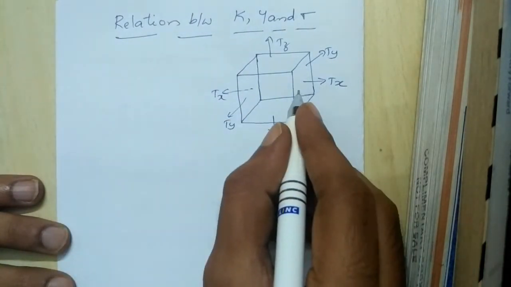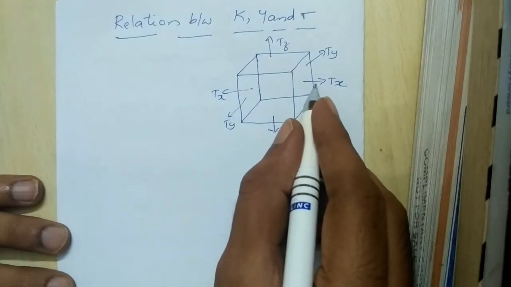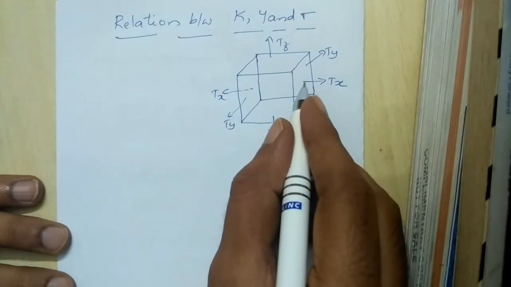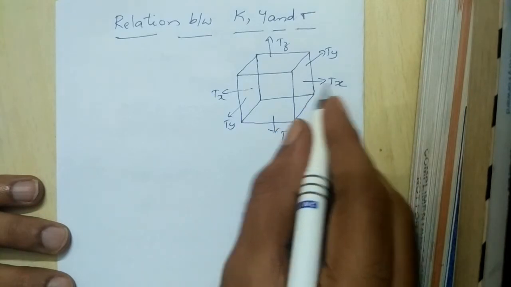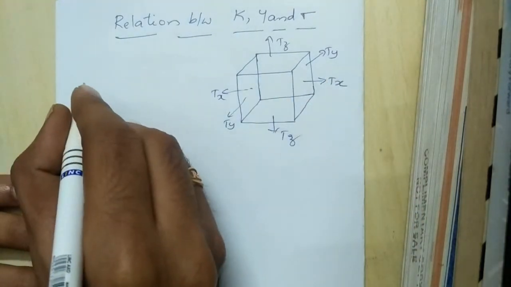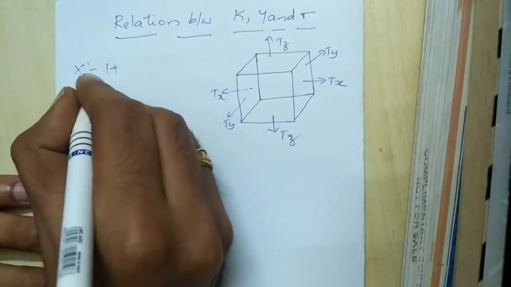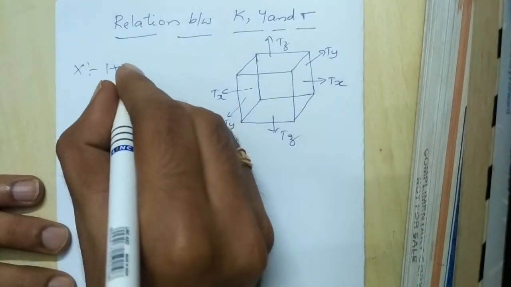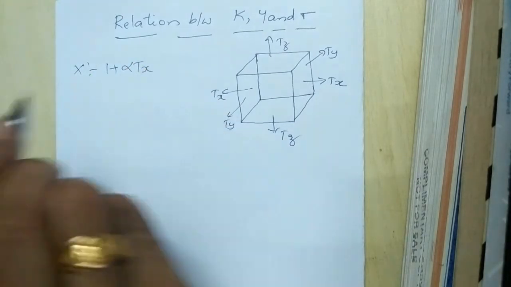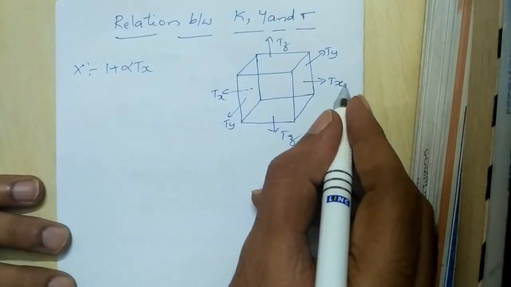The earlier length was unity. Now as this stress Tx is acting along the x direction, the length changes to 1 plus alpha into Tx.